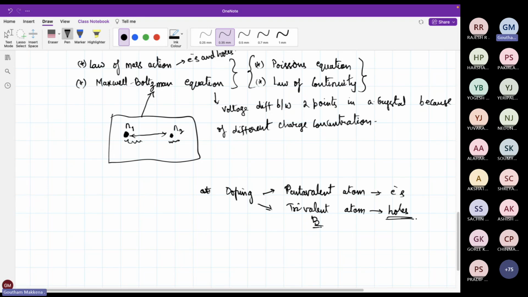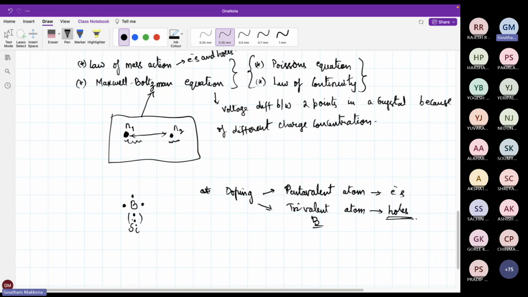The example is boron. Boron has only 3 over here, so it also forms bonds. Sometimes, because of thermal vibrations, there will be a silicon over here, and a free electron might come and sit over here and complete the bond.